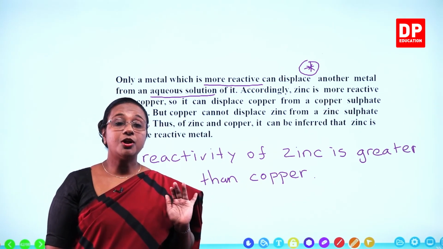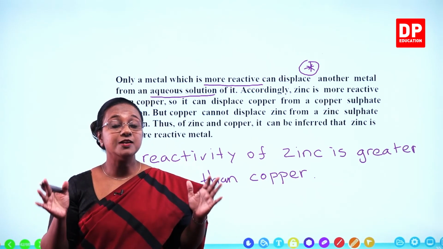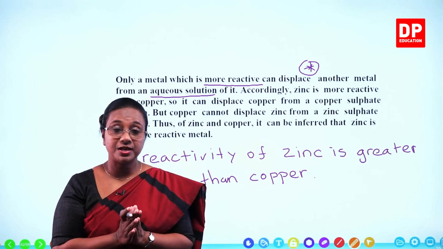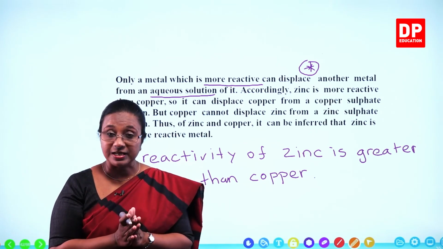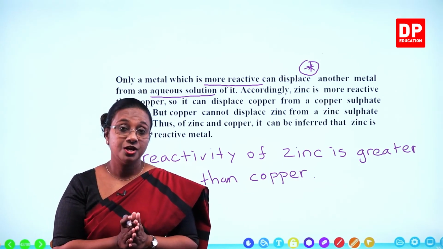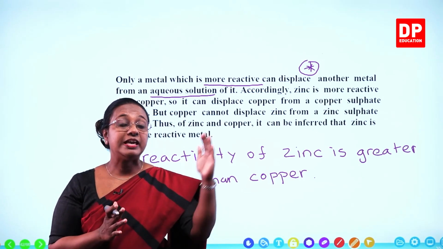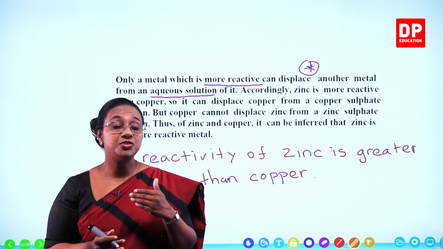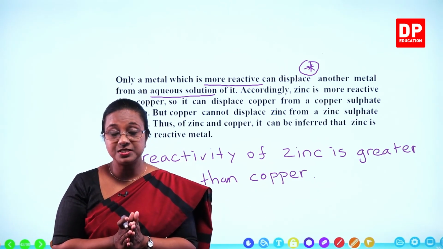So as I told you all before also students, we have done 4 sets of activities: reaction of metals with air, reaction of metals with water, reaction of metals with dilute acids, and the displacement reaction. So from all these, we can compare the reactivity of metals, the tendency of metals to react with certain substances.